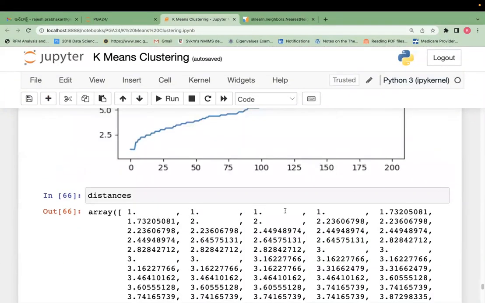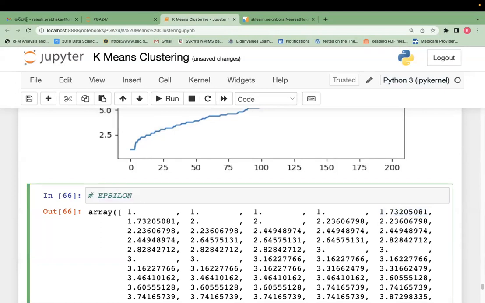So 1, 2, 3, 4, 5, we look for the maximum curvature. The maximum change is happening at 1.73, from 1 to 1.73. The rest are all small changes. This is the point at which you have the maximum curvature change. So we will take epsilon as the point where we have the maximum curvature.